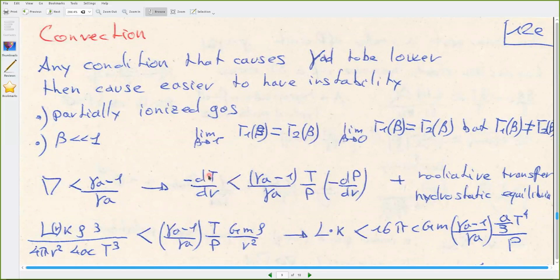As before, the radial gradient of the temperature, the minus gradient, is inside the radiative transfer equation. We know that the radial gradient of the pressure is inside the static equilibrium equation.